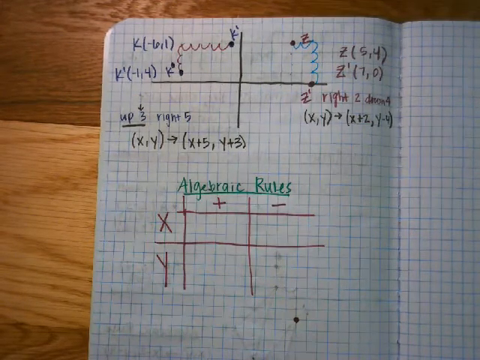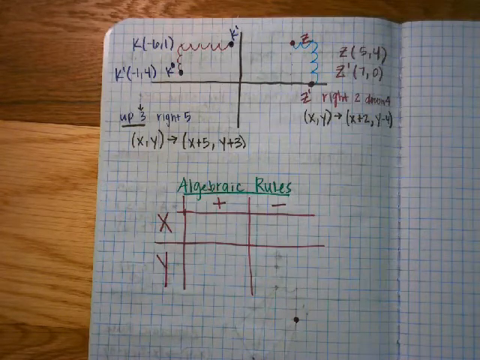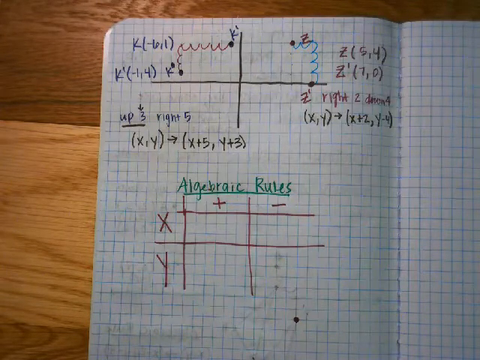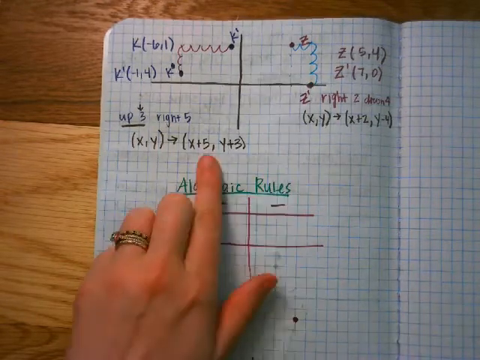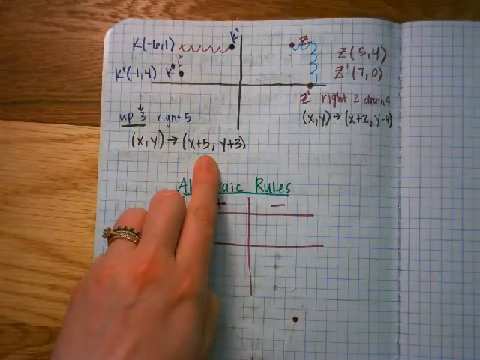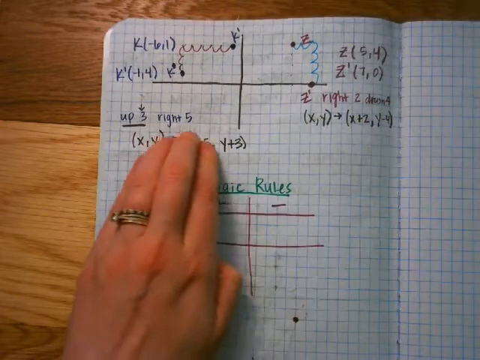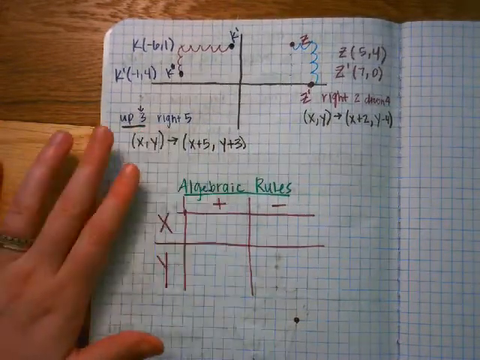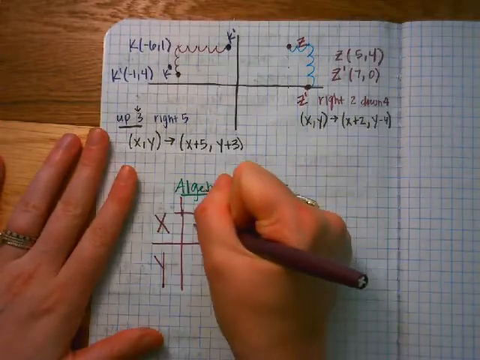He says, so Eric, what happens when I add to X? What direction do I go? If you need a hint, look right here. Right here, we added 5 to X. Which part of this told us about the 5?